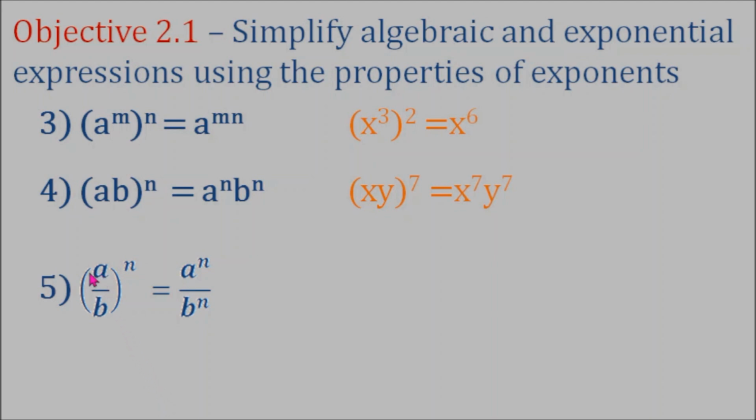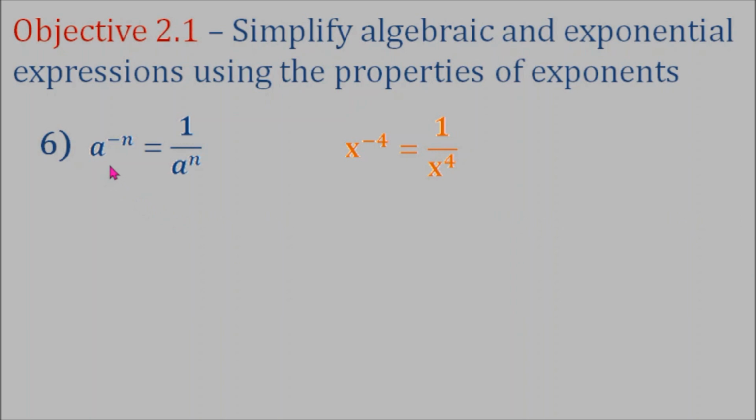We have the quantity a over b to the power of n equals a to the power of n over b to the power of n, meaning this n is the exponent of a and also the exponent of b. For example, we have the quantity x over y to the power of 3, so this 3 is the exponent of x, so we have x cubed over, and also this 3 is the exponent of y, so we have y cubed.